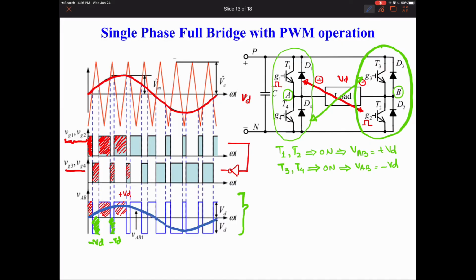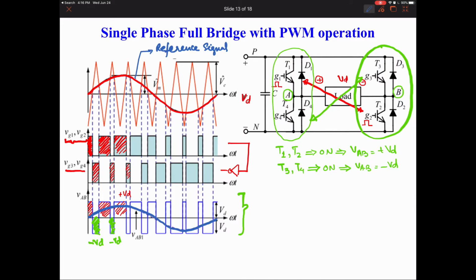So the area variation at the output is according to the frequency of your reference signal. This was our reference signal, and whatever is the frequency of the reference signal, at the same frequency the output area will change. So the output fundamental component will be equal in frequency to your reference signal.